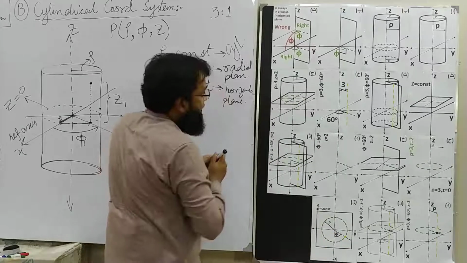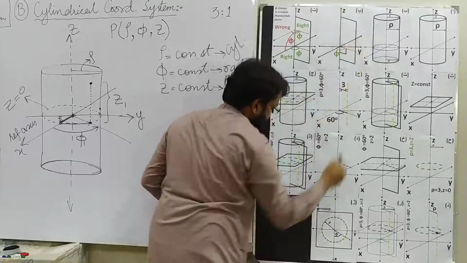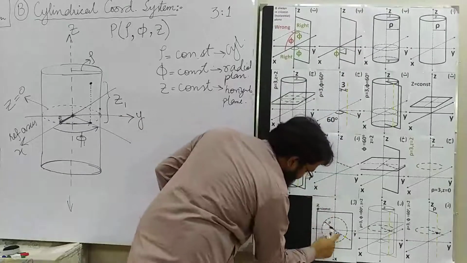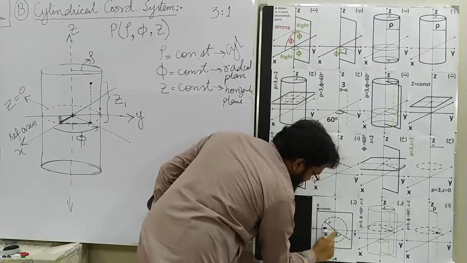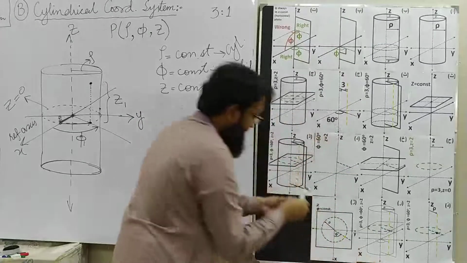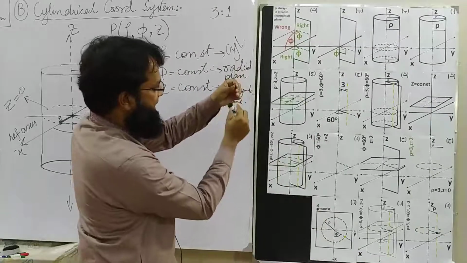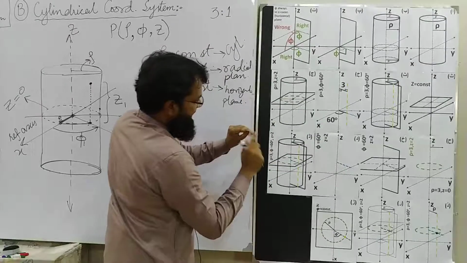Now, why do we call this a radial plane? Because if you see this plane from the top, it will be a line. If you see the plane from above, you will see a line.